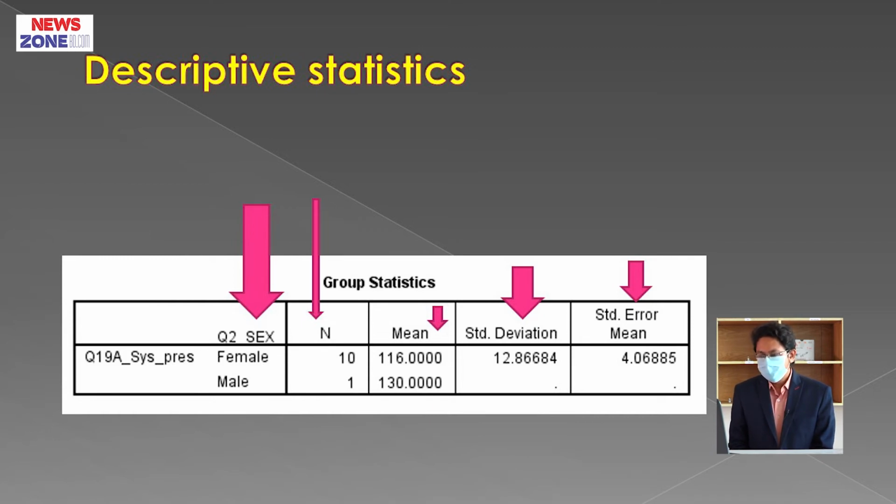We see 116 millimeter of mercury is the mean systolic blood pressure for female, and 130 millimeter of mercury is the mean systolic blood pressure for male. And next column shows the standard deviation, and the last column shows the standard error of mean.